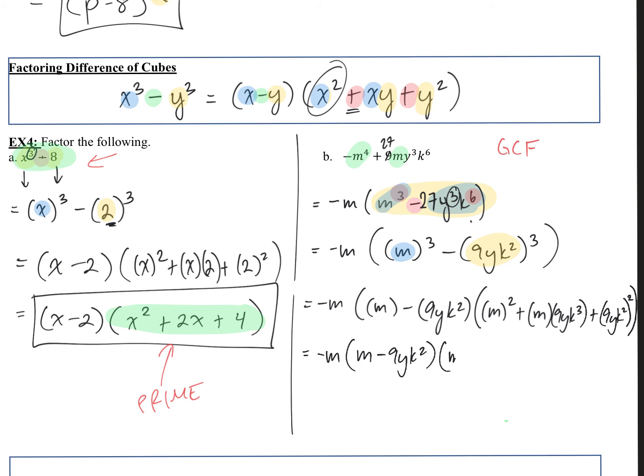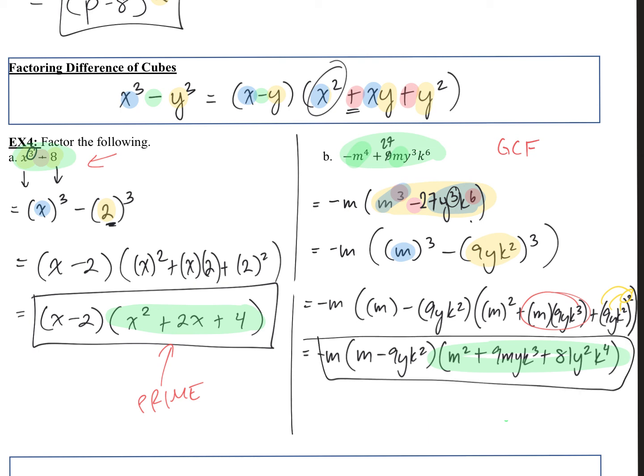Then I'll simplify that to m squared plus, and then multiplying these guys out, I'll get 9myk cubed plus, distributing that square to all of the terms, I'll get 81 y squared k to the 4th power. Once again, the trinomial, if we made sure that we factored it in the beginning, should be prime. So no need to worry about trying to factor that. And we're done. Okay, so that was the difference of cubes.